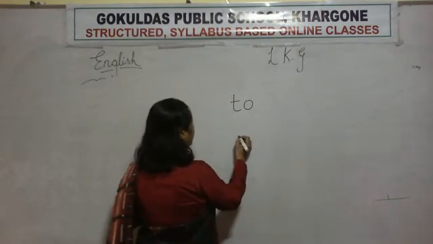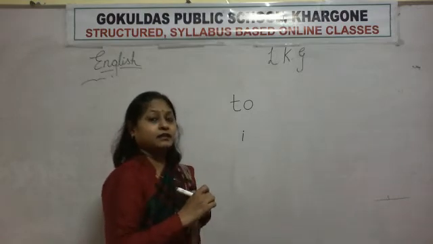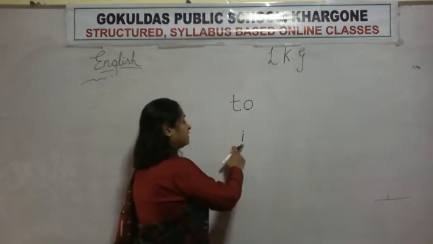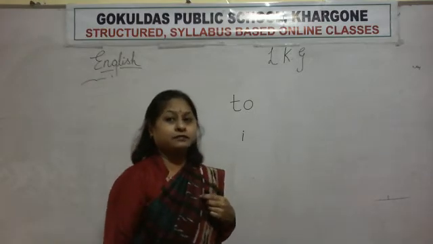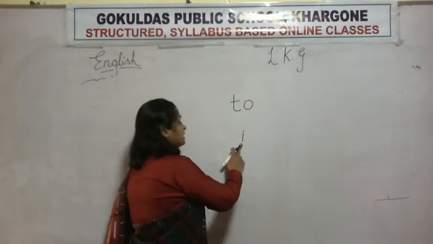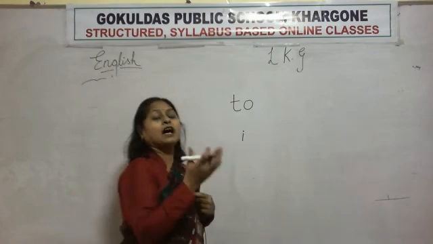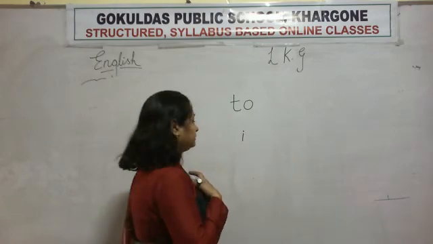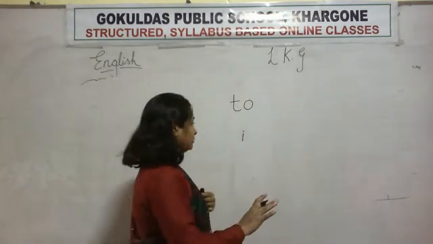Next sight word is I. I am a boy. I am a girl. I am 5 years old.